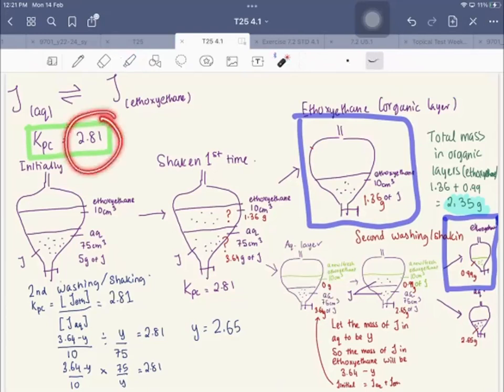So that's why this number is important, especially when you are doing more than one mixing. Even for your first mixing, your KPC is given to you, so you are able to work out how much mass has gone to layer 1 and how much to layer 2. Right. If you are ready and done with this drawing, please let me know.